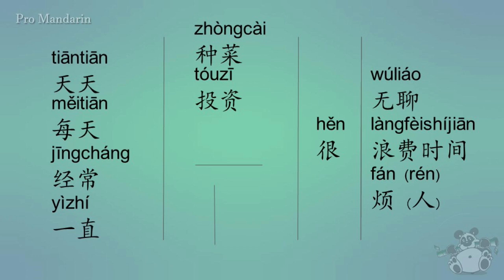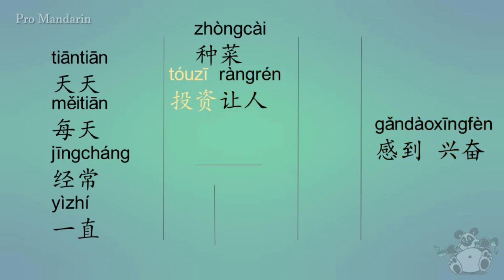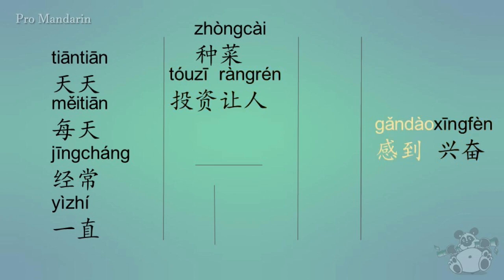But you might not think of it that way. Maybe you think it's exciting. Well, exciting actually isn't used in the same way here. The word exciting in Chinese is actually attributed to the person that's feeling excited. So investing doesn't get excited, but you get excited from investing. So one of the ways you would say that is 投资让人感到兴奋. So what we got here is investing makes people feel excited, okay?